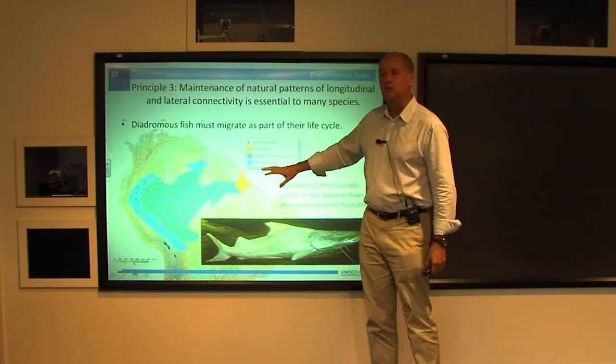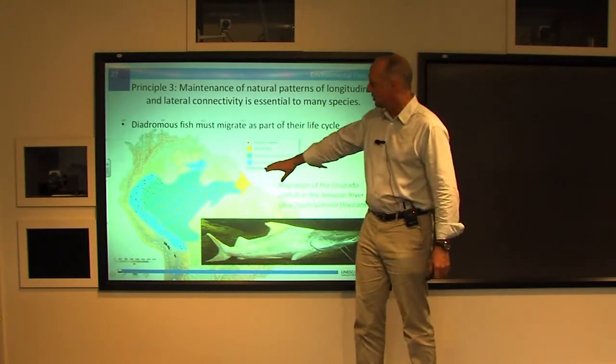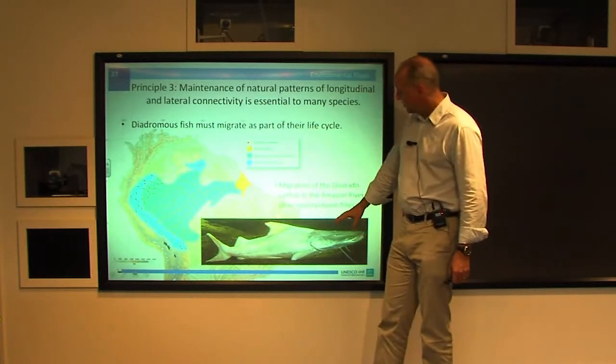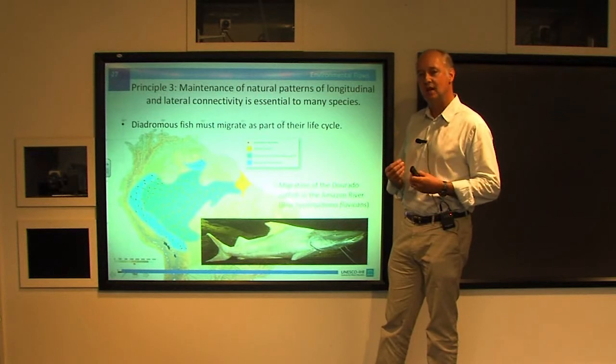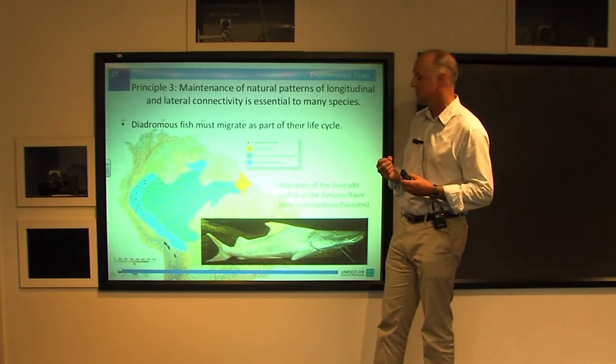A less well-known but equally remarkable story occurs in the Amazon, where a number of large catfish also migrate over thousands of kilometers during different phases of their life cycle.